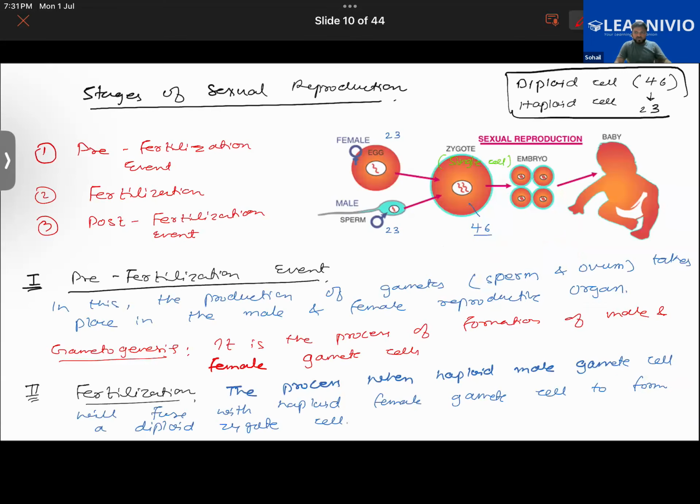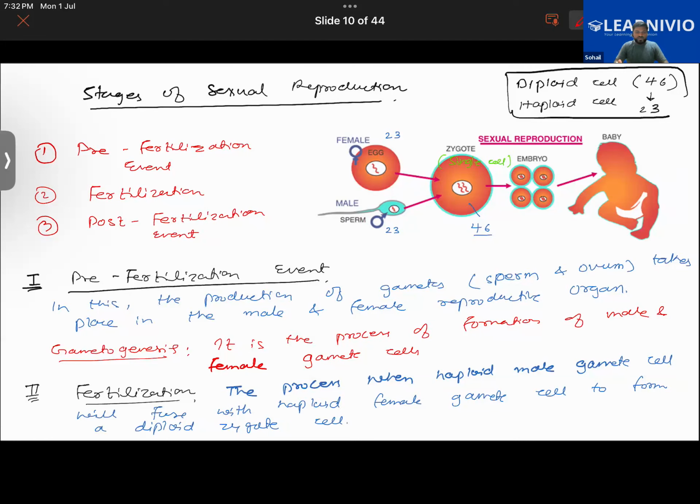If anyone has any question, please do let me know. Sir, I didn't understand the pre-fertilization. Okay. Basically, before the fusion of the ovum and sperm can take place, the production of the sperm and the ovum in the body of male and female is first required.